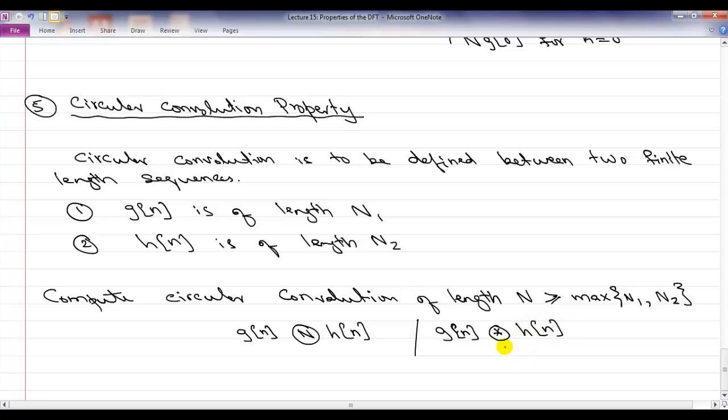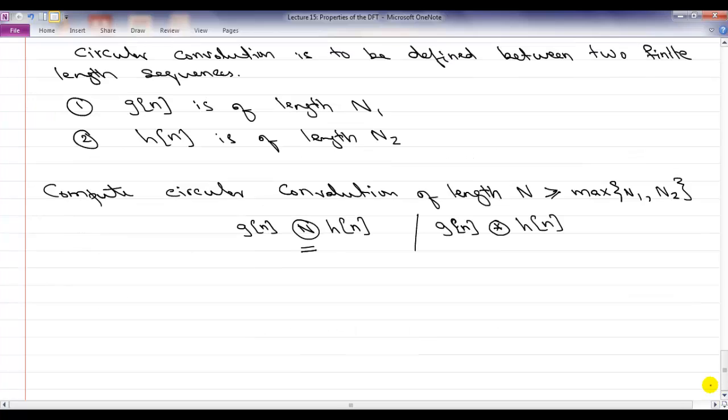In this case, you have to specify the length explicitly. This notation basically makes it easy for you to know it's circular convolution and the length of the circular convolution you're talking about. Okay.